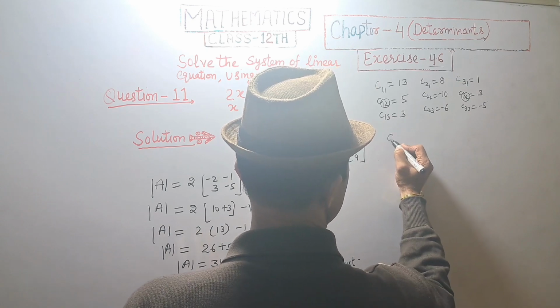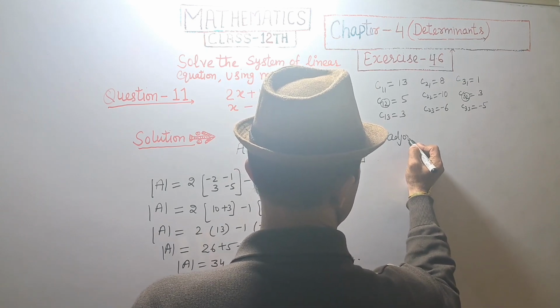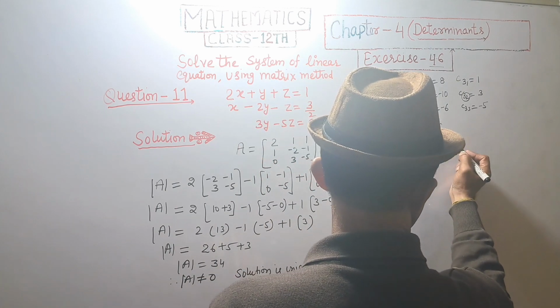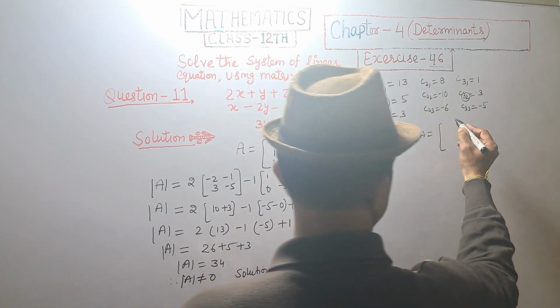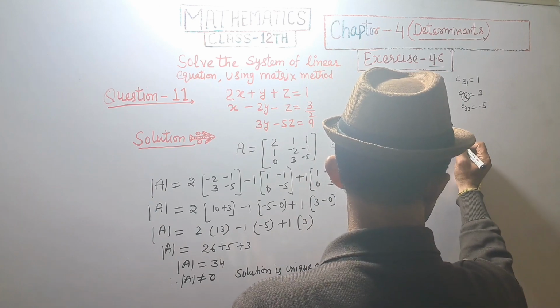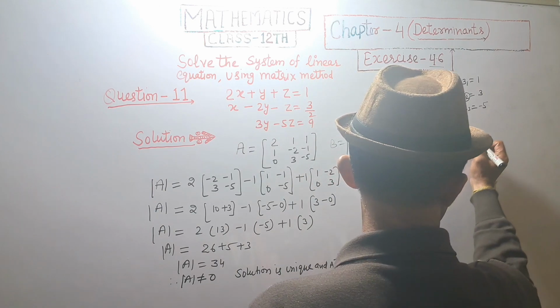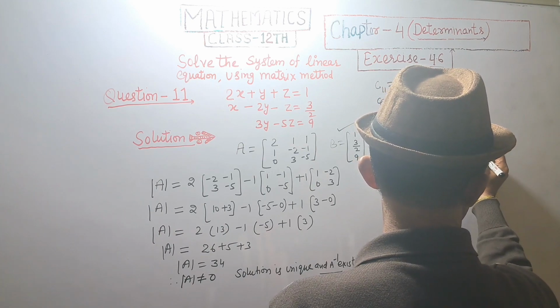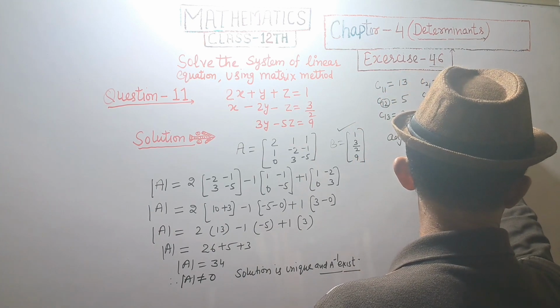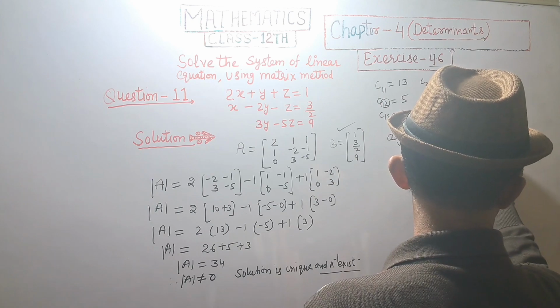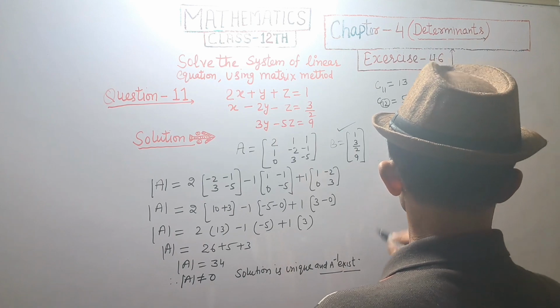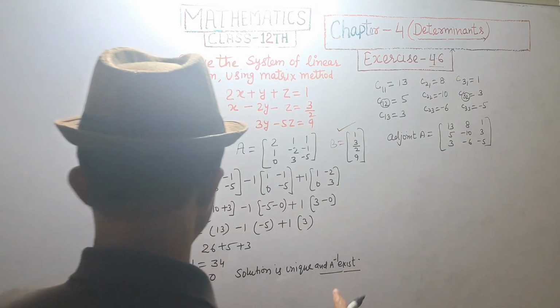Adjoint A is equal to, in this direction, the matrix 13, 5, 3, 8, minus 10, minus 6, 1, 3, minus 5.